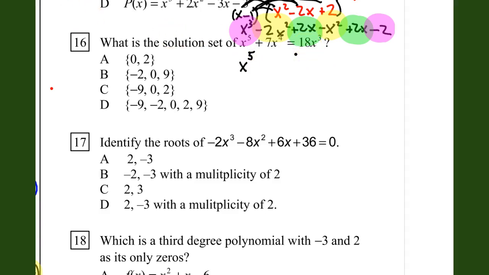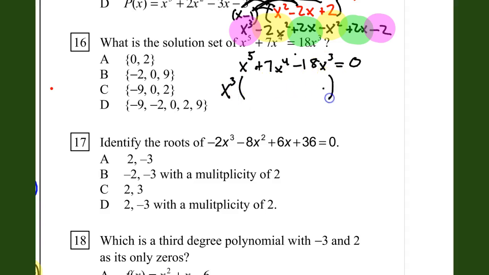Subtract the 18x to the third on both sides. We'll have plus 7x to the fourth minus 18x to the third, since we subtracted on both sides. That equals 0. These all have at least an x to the third in common, so I can take an x to the third out.